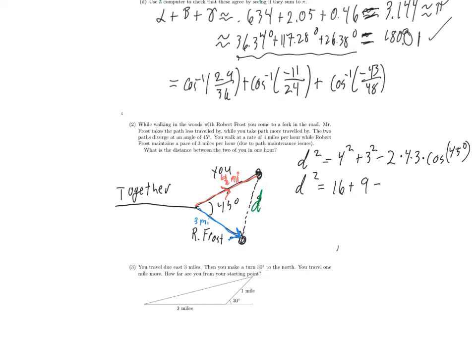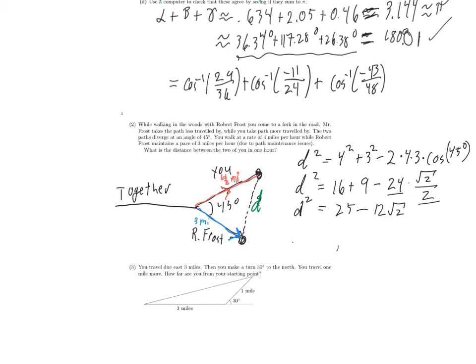Minus 2 times 4 is 8. 8 times 3 is 24. Times the cosine of 45 degrees is the square root of 2 over 2. So D squared is 25 minus, well, that 24 and that 2 are both even, so we can get rid of something. 12 square root 2.